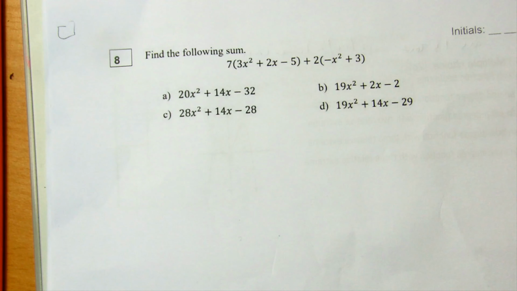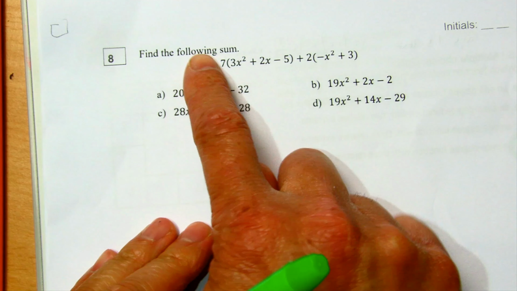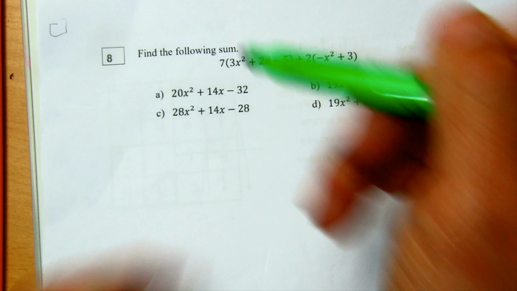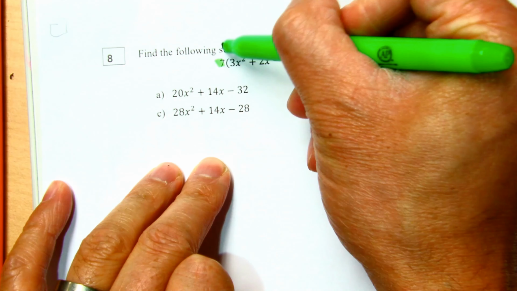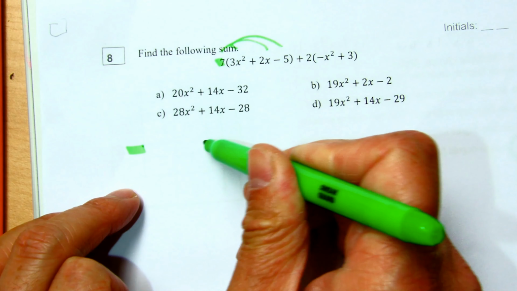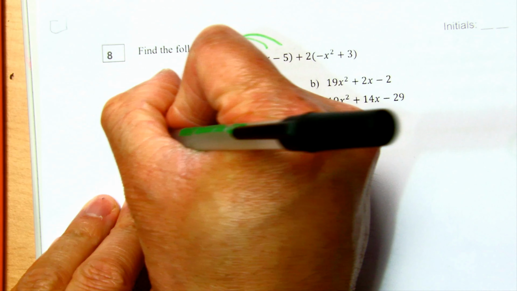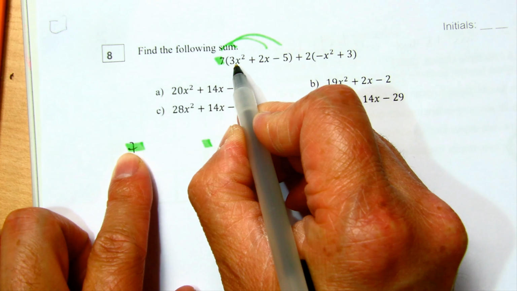Hey guys, let's go over question number 8. Find the following sum. Sum is addition or subtraction. I'm going to distribute the 7 to each of these terms. Pass out the green starbursts to each of these. So that would be 3x squared.